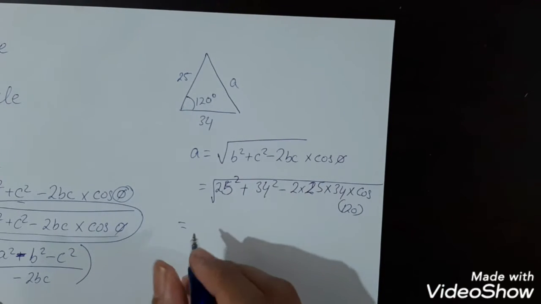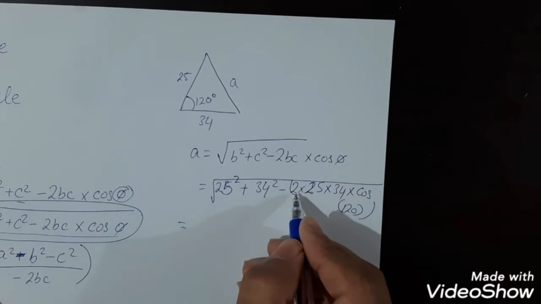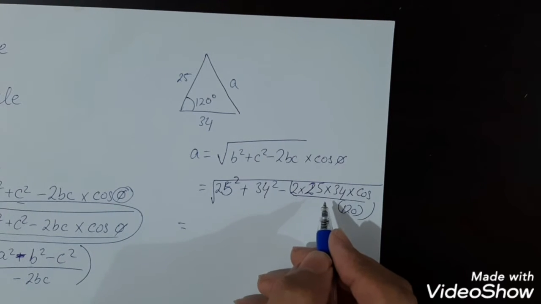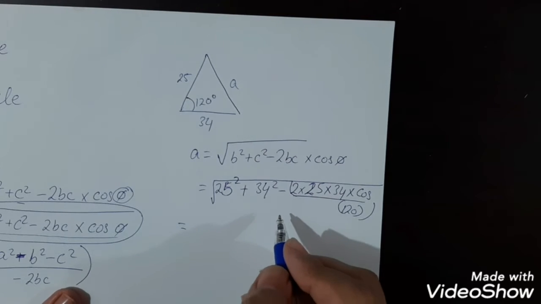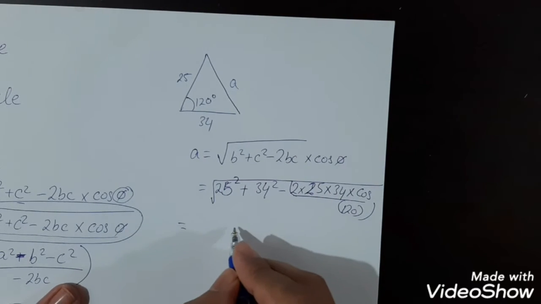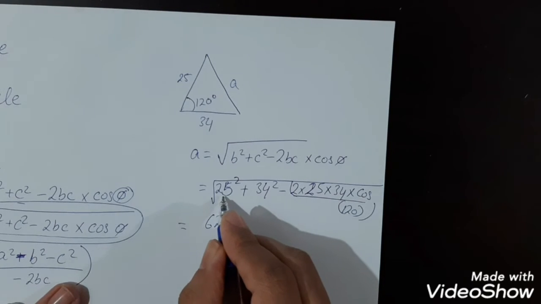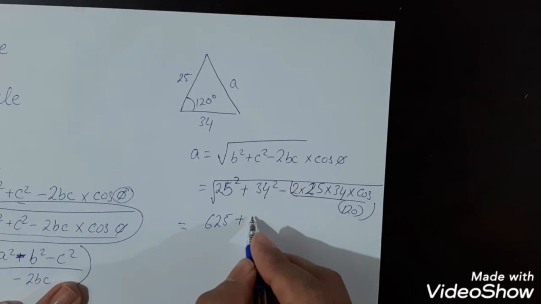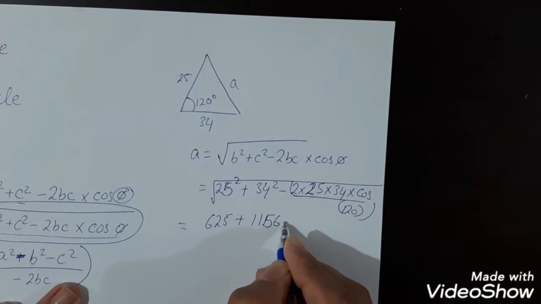First we calculate this section: 2 multiplied by 25 multiplied by 34 multiplied by cos 120, which gives minus 850. 25 square is 625 and 34 square is 1156.